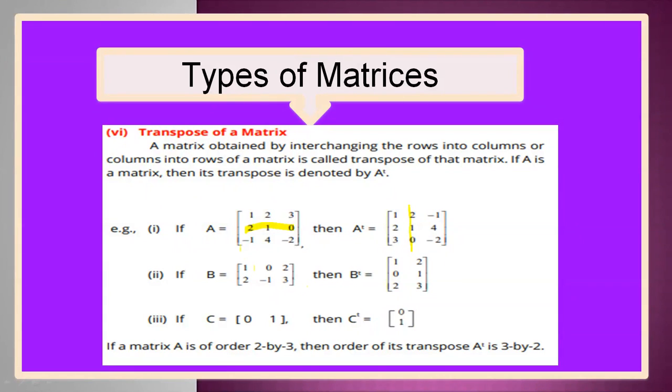Those numbers in R3, I am showing in C3. So that's why it's known as the transpose of a matrix. How do we obtain this? By interchanging the rows into columns or the columns into rows. It's called the transpose of that matrix. So it's interesting. You can take any matrix and make the transpose: rows will be columns, columns will be rows, and get the transpose.